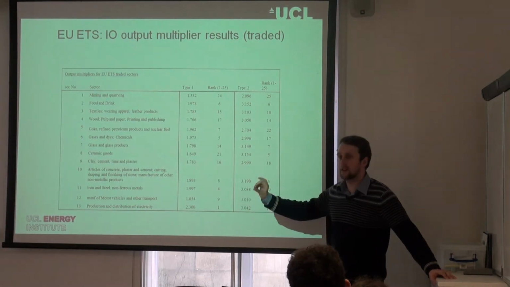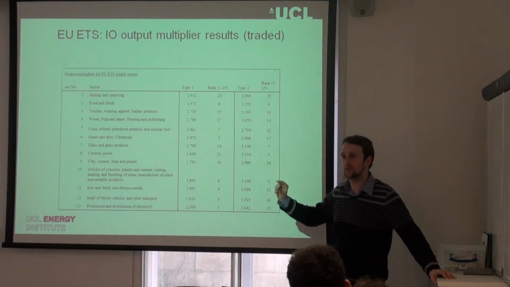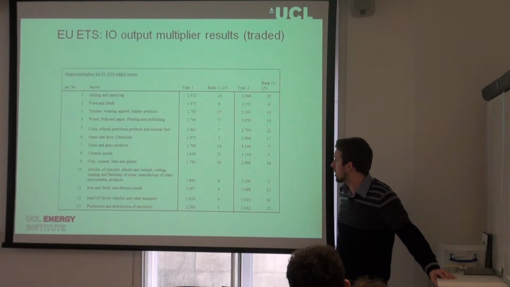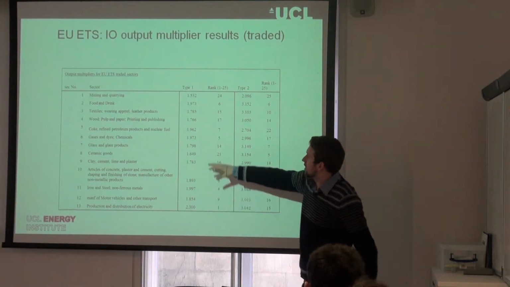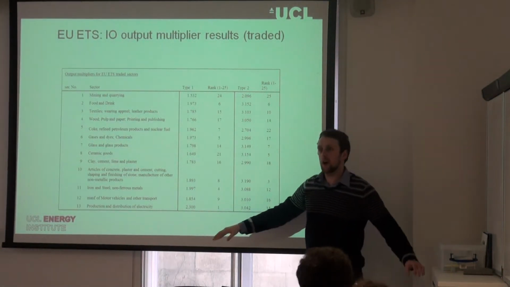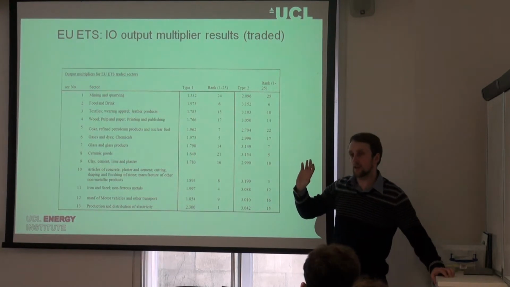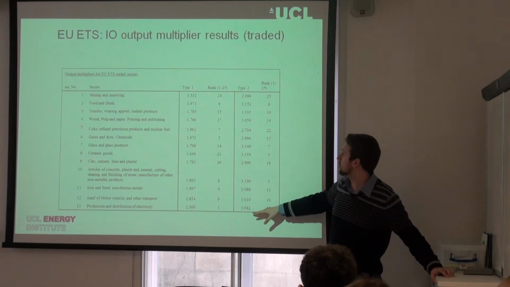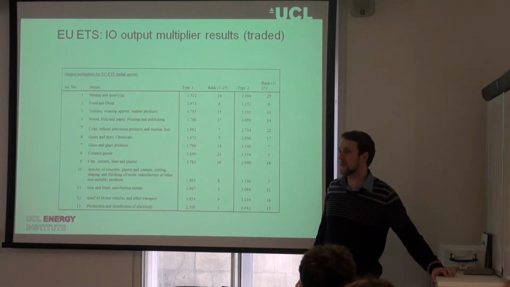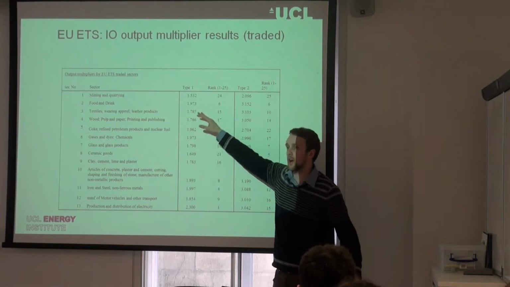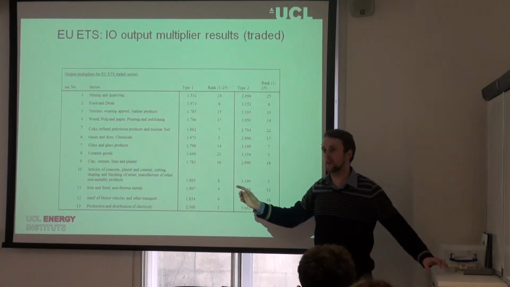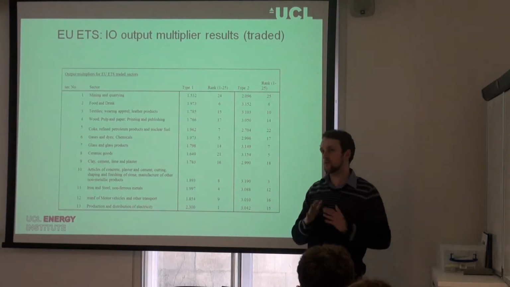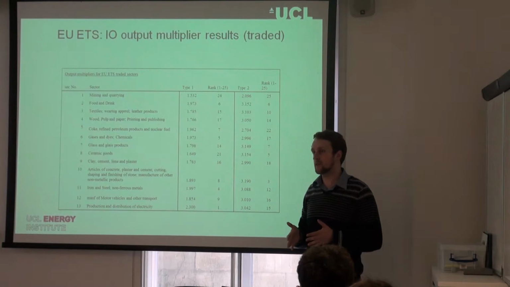And you can break that down into what each individual sector would be. So the type 1 is where households are exogenous to the model, and type 2 is where households are endogenous. So type 1 assumes that there's no extra household spending. When there's an increase in final demand, households' expenditure stays the same.